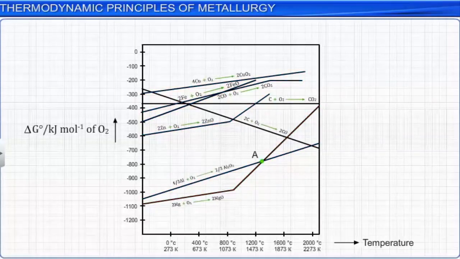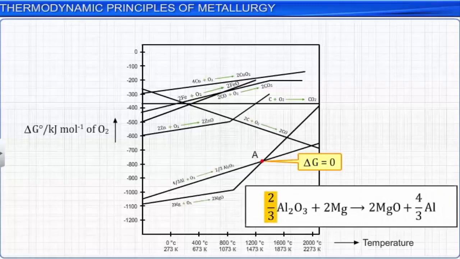At the point of intersection, A, of the curves for aluminium oxide and magnesium oxide, the change in free energy delta G becomes 0 for the reaction 2/3 Al2O3 plus 2 Mg gives 2 MgO plus 4/3 Al.